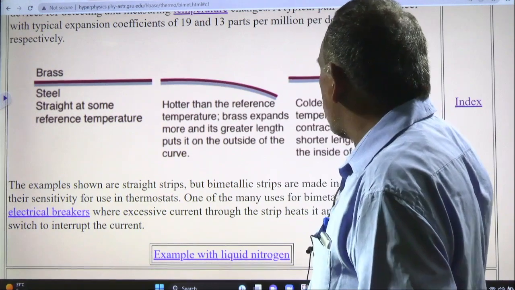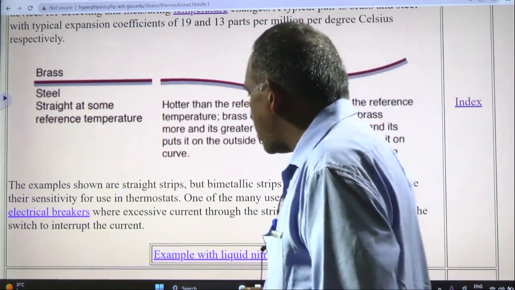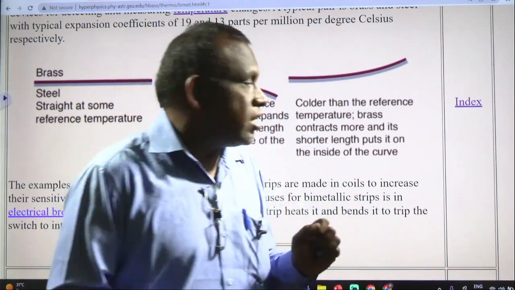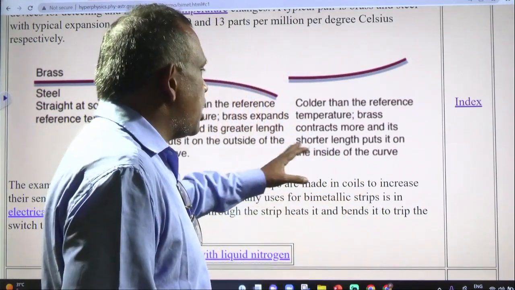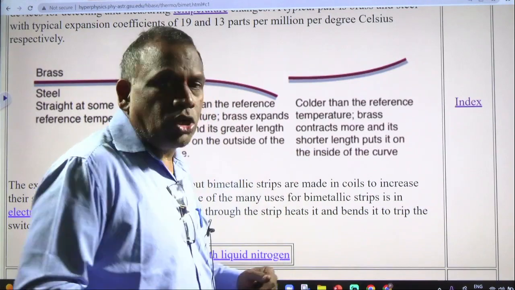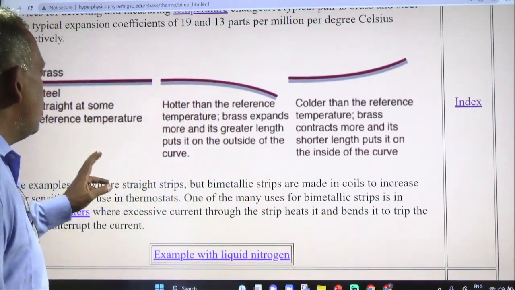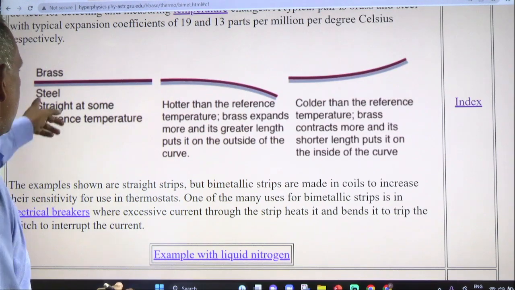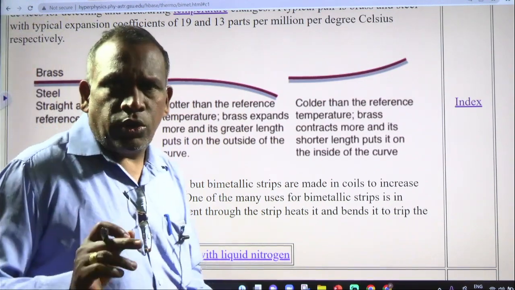When colder than the reference temperature, brass contracts. Whenever temperature decreases, it contracts. The shorter length is put on the inside of the curve. Here brass is the brown color, and steel is the ash color.